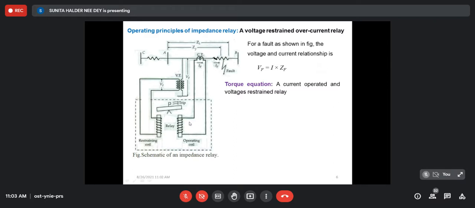In the directional overcurrent relay, one winding was fed from current, another operating winding was fed from current, and the polarizing winding was fed from voltage, but it was restrained by the spring. But in the impedance relay with directional property, the overcurrent part is the same, but the restraining part is provided using voltage along with the spring. The spring is used only for controlling purposes, but restraining is mainly provided by the voltage coil.